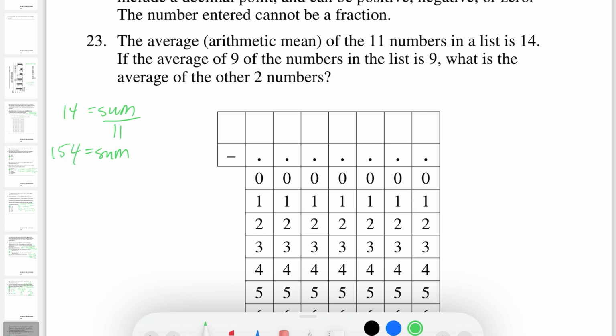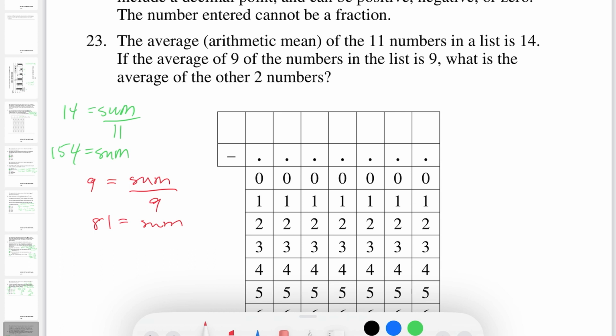Then the average of 9 of the numbers in the list is 9. So we can take a separate average over here. 9 equals a different sum over 9. So that other sum is 81. And what is the average of the other 2 numbers?